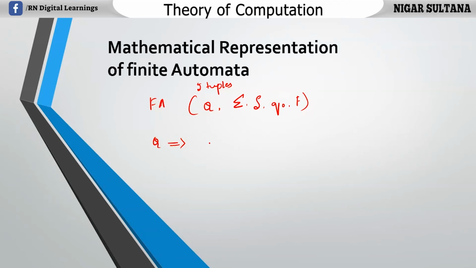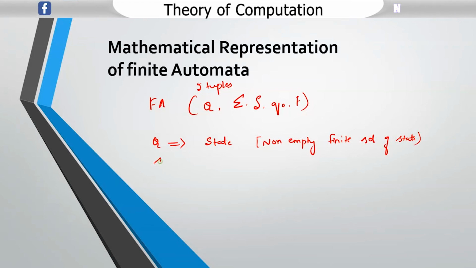Q indicates the states. This is a non-empty finite set of states. Now, what is this? Sigma indicates the alphabets or the input symbols.